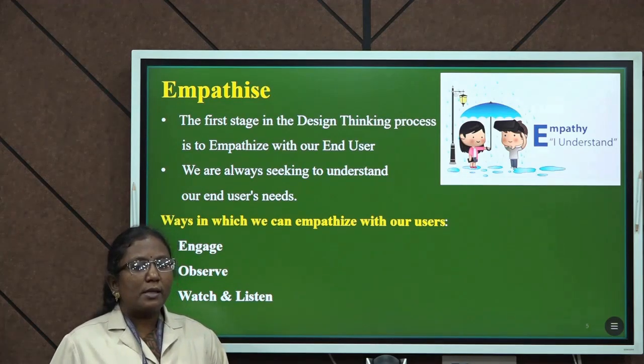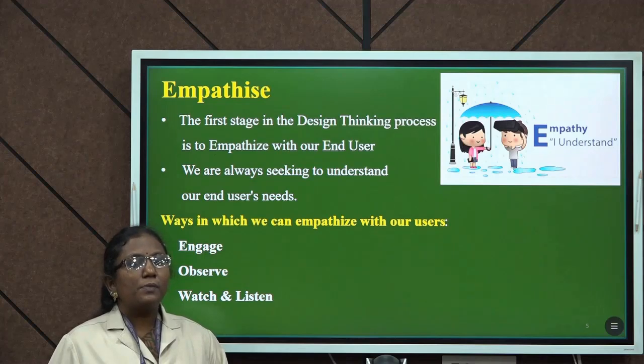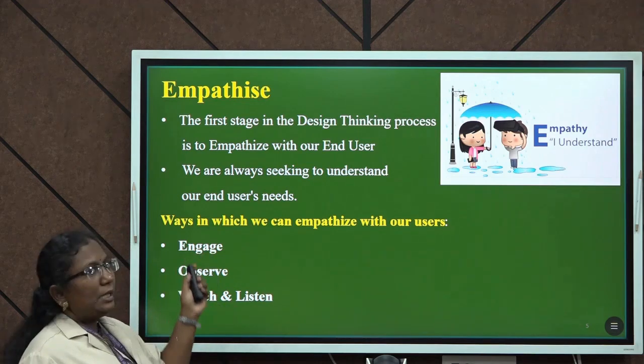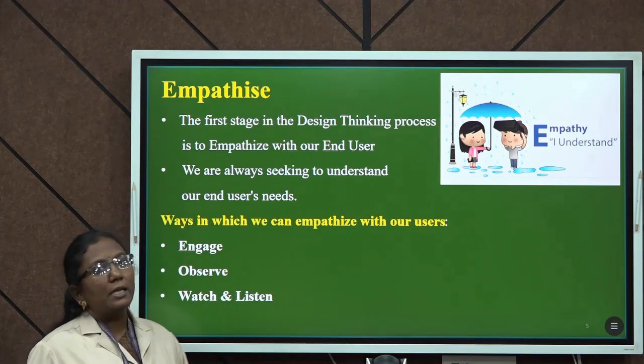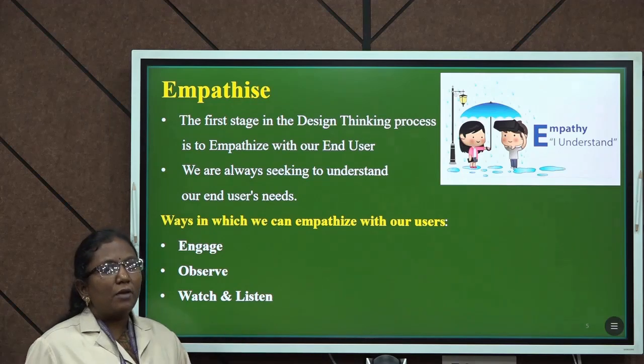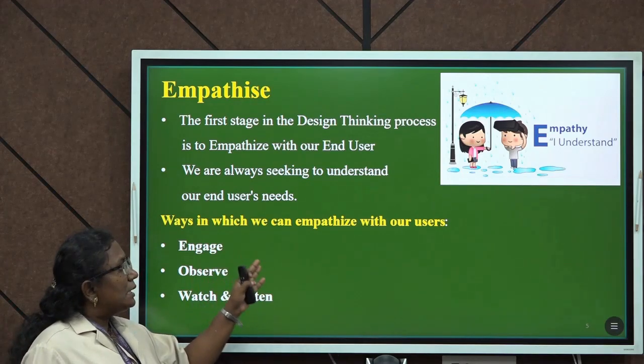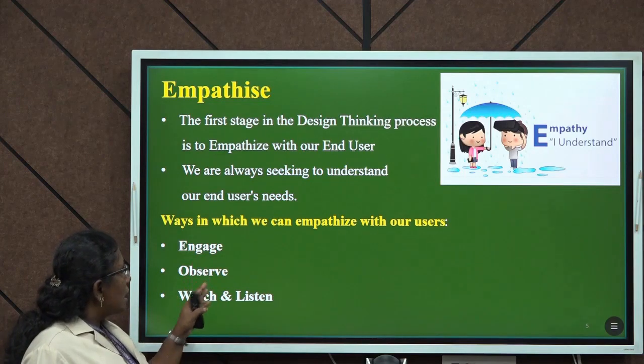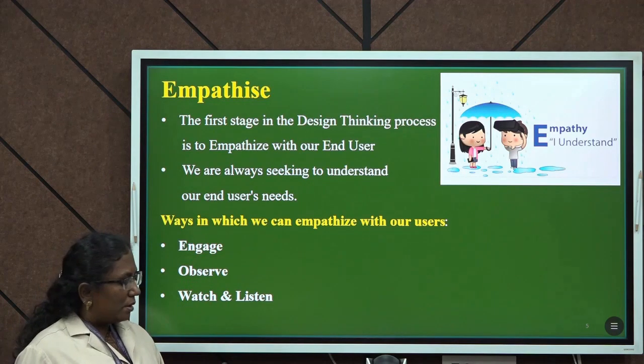We should understand the needs and expectations of the end users before going to take the solution for that particular problem. So let's see the way in which we can empathize with the user. There are several ways in which we can empathize with our end users. They are engaging, observing, as well as watching and listening.